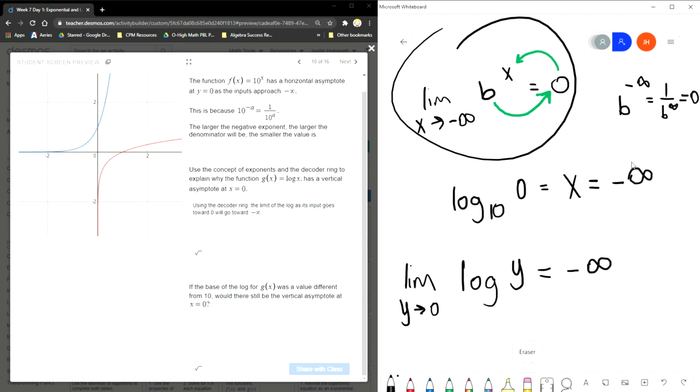All right. So we changed 10 to b, so let's change 10 to b here. That means that if I do the decoder ring, I see that log base b of 0 is equal to x. What is x? Negative infinity. Therefore, no matter what your base is, every log will have this vertical asymptote going towards x equals 0.